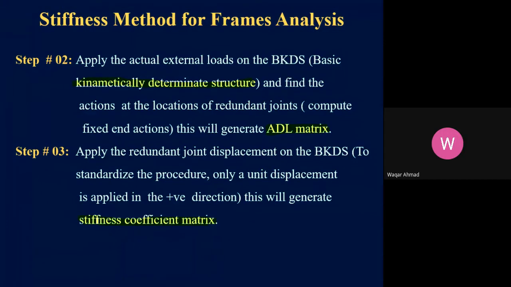Then again we apply a unit displacement at location number 2, and again we find out the fixed end actions at location number 1, location number 2, and at all other specified locations, which are produced by that unit displacement at location number 2. And so on. This way we get our stiffness coefficient matrix.